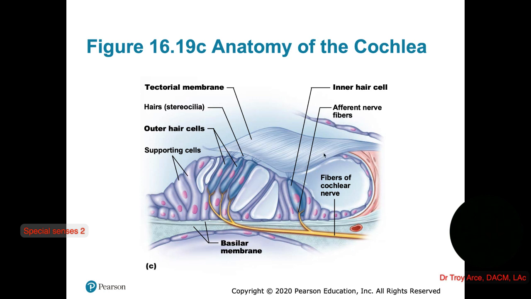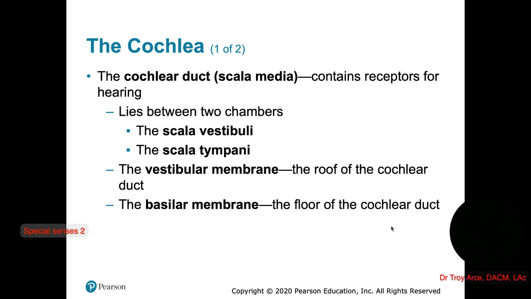So if it's afferent, that means it's leaving, it's away to the central nervous system down through here, right? And then efferent would be coming back through. So afferent is away.